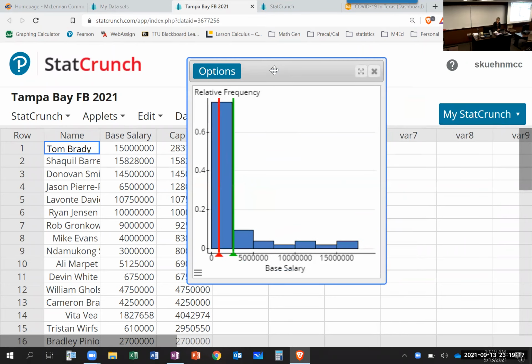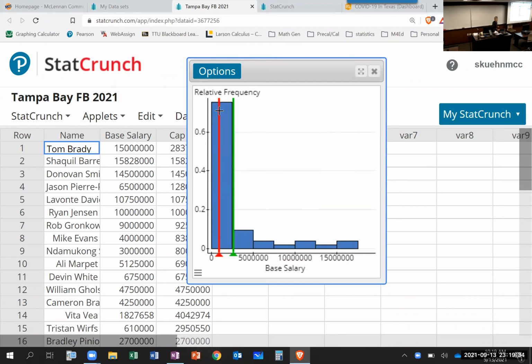So what I did here is I asked us to add the median. Where in this graph is the median falling? And where in this graph is the mean falling? Right?